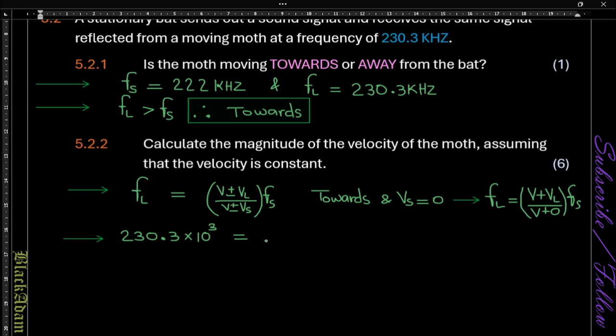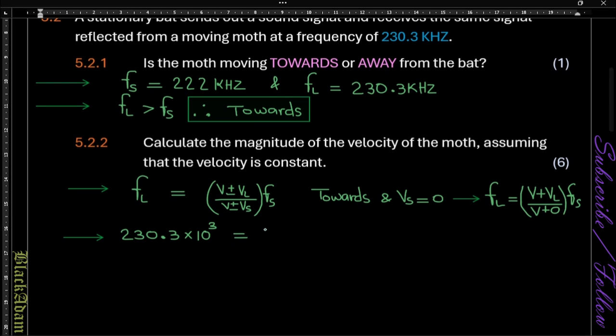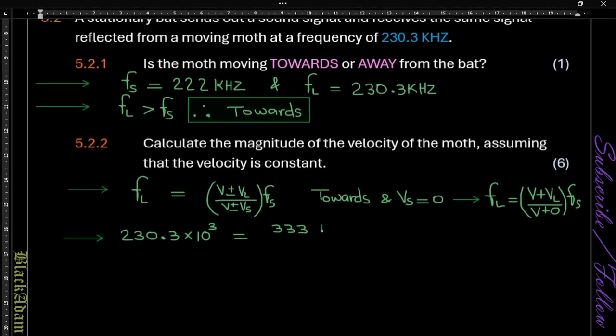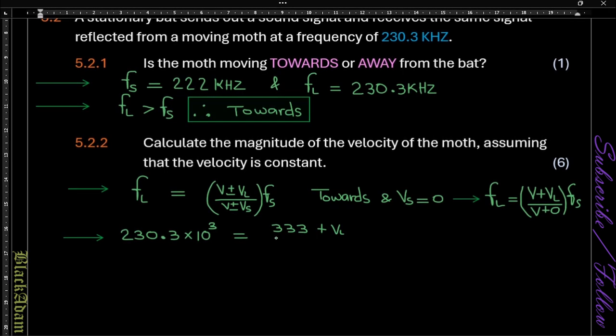And then we have v plus vL, that's 333 plus the velocity of the listener, which is what we want, over 333, multiplied by the frequency of the source, 222,000.